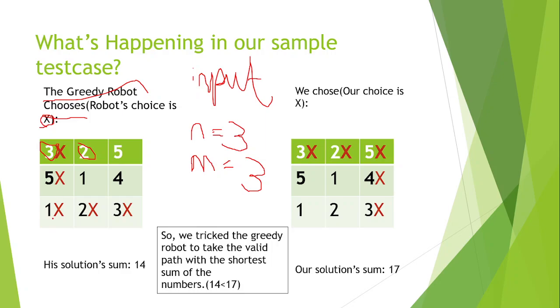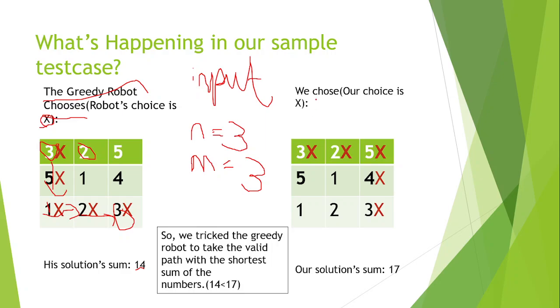Then it chooses 1 because they're all the same. Then it chooses 2, and then it chooses 3. His journey ends. If we sum all of the x's, his sum is 14.